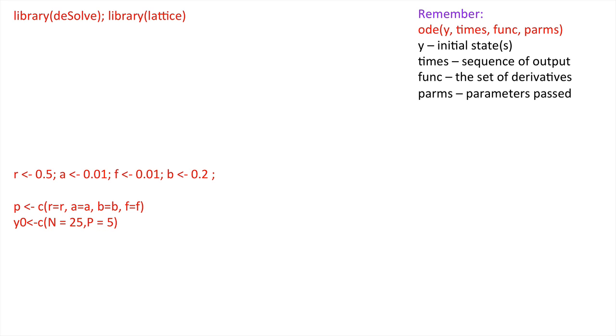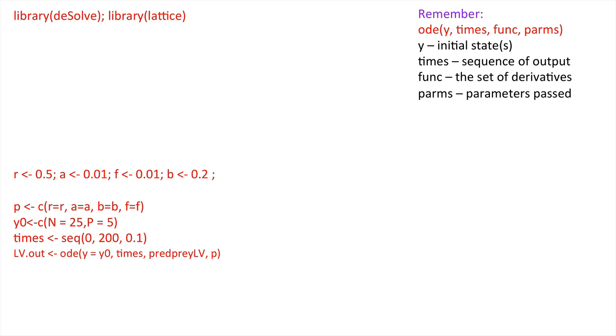Now you'll remember that the ordinary differential equation function requires a function to integrate, and it also requires a set of times. Here what we're going to be doing is integrating between the times 0 and 200. Now it's integrating continuously, but we would like it to report out just every 0.1 unit of time.